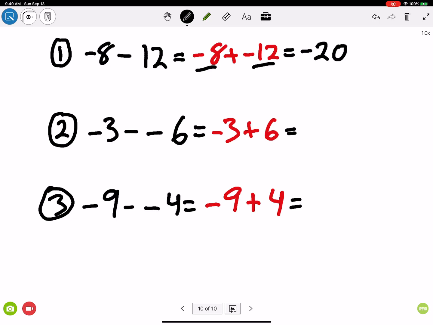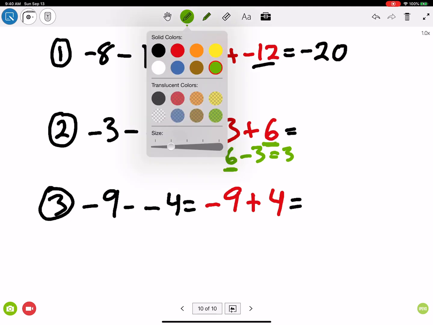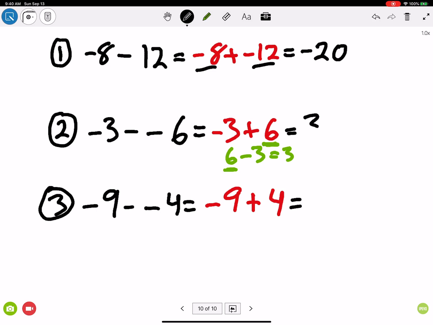In number 2, I have opposite signs. So what I'm going to do here is I'm going to take my larger number of 6, subtract it by a smaller number of 3, and I'm going to get 3. And since 6 was my larger number and 6 is positive in the original problem, my answer is positive 3.